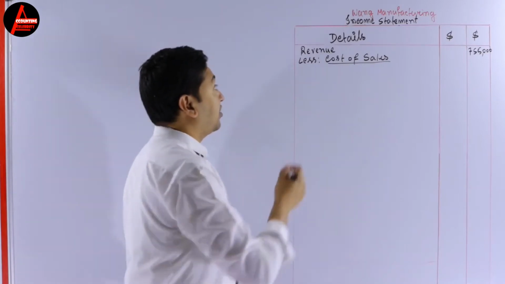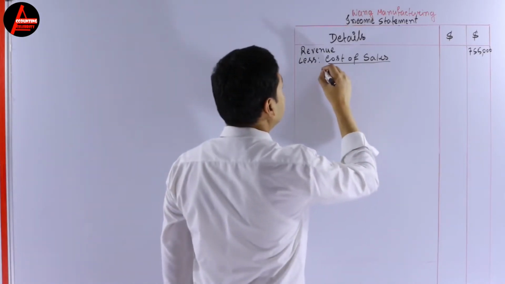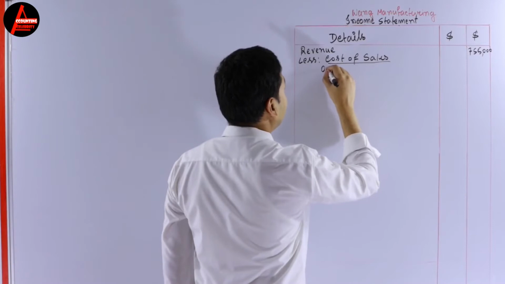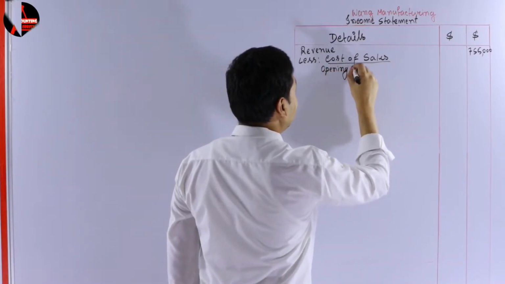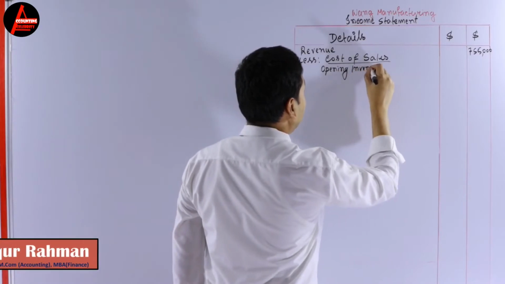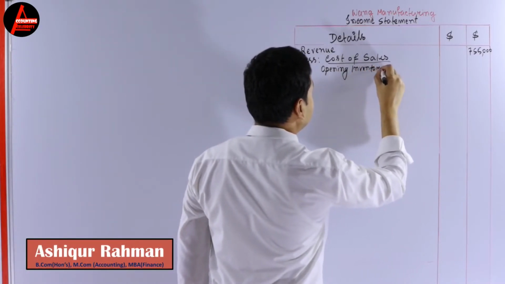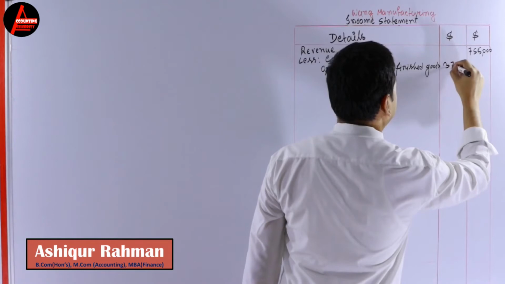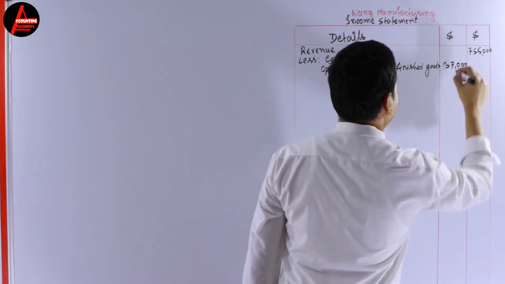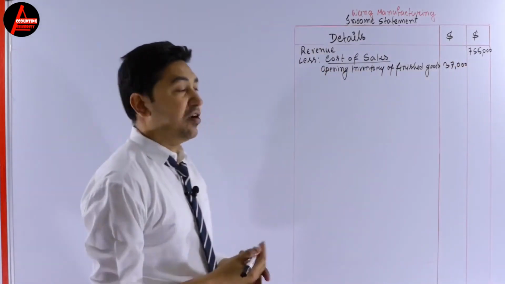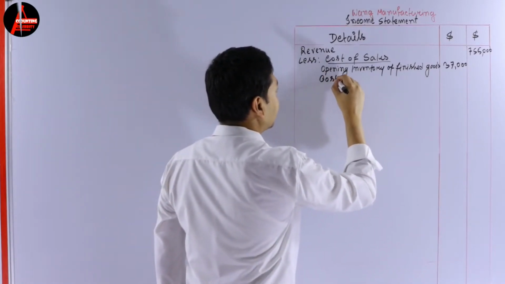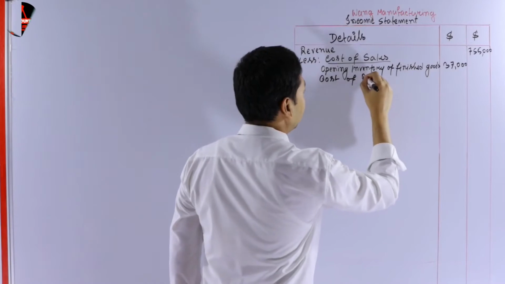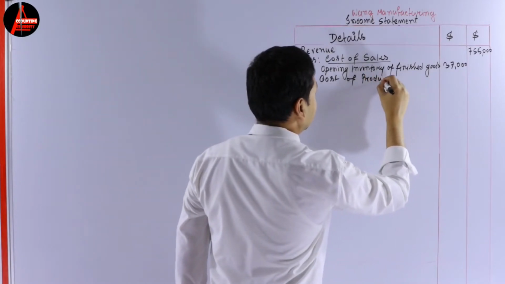First of all, we need to write opening inventory of finished goods. The value given here is $37,000, okay? Then we have to write cost of production.